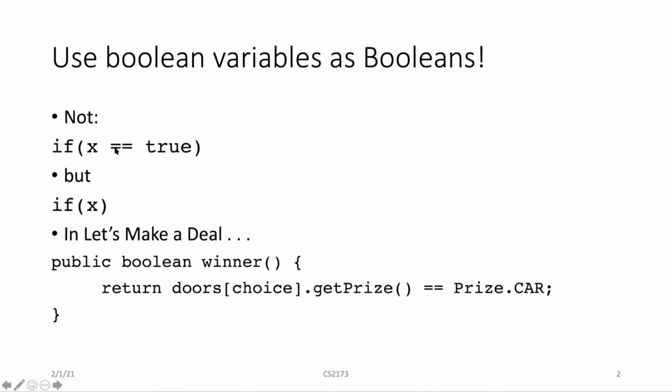So for example, if I have a Boolean variable called X, and I'm doing a test that says if X is equal to true, it's much better style to simply say if X, because these are exactly the same.